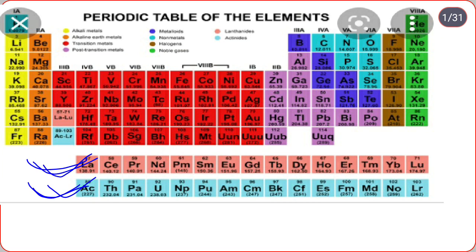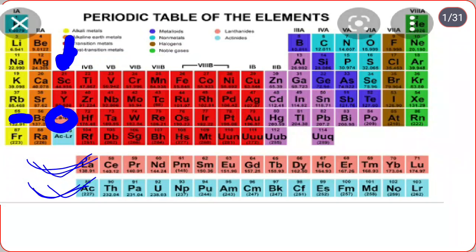Friends, you know the position of the lanthanide series in the periodic table is in the sixth period. Here lanthanides are present, that is in sixth period and in third group.